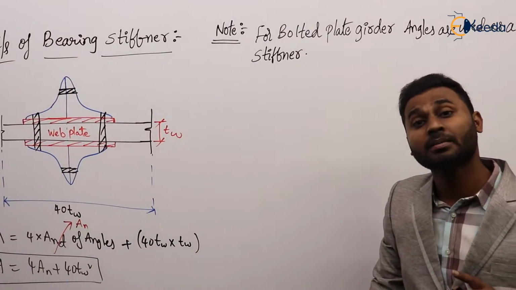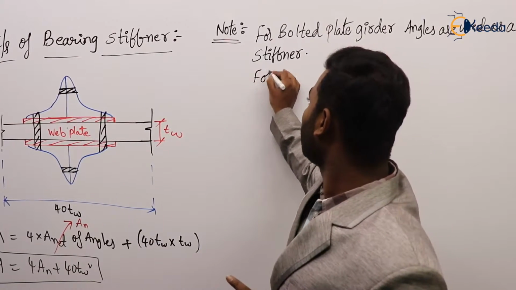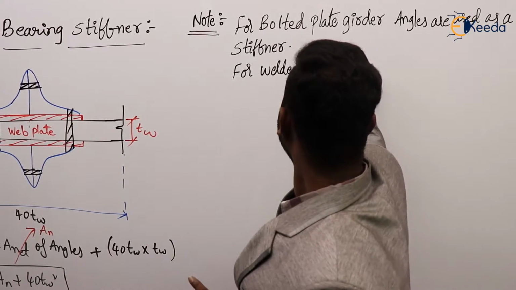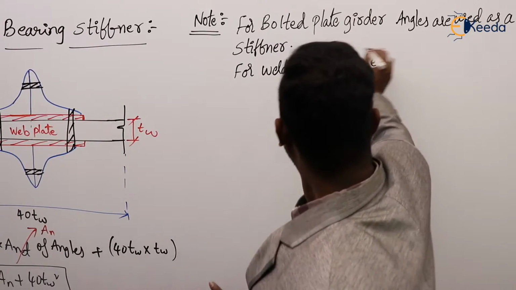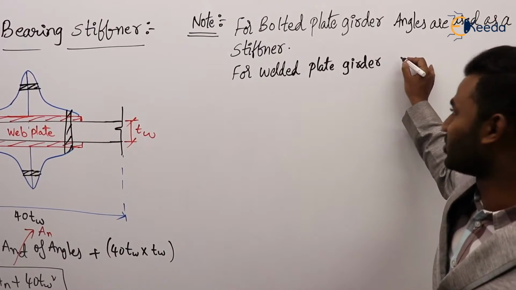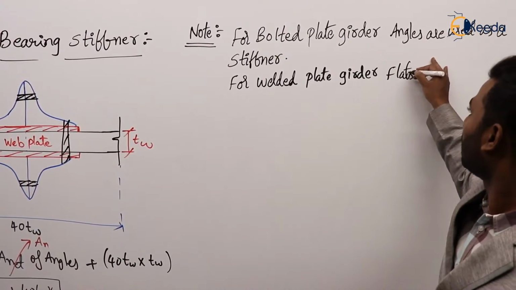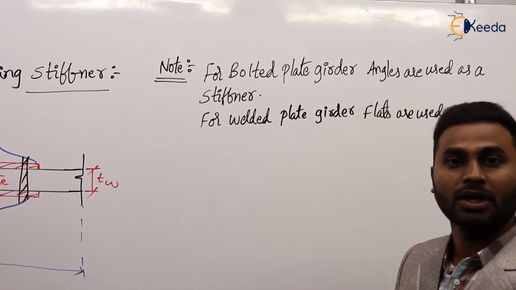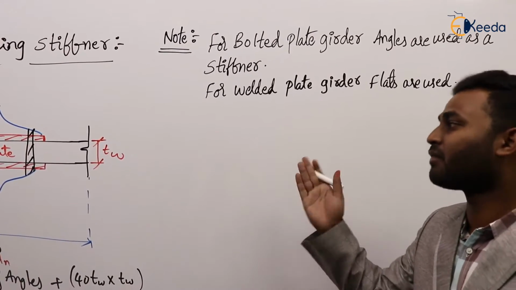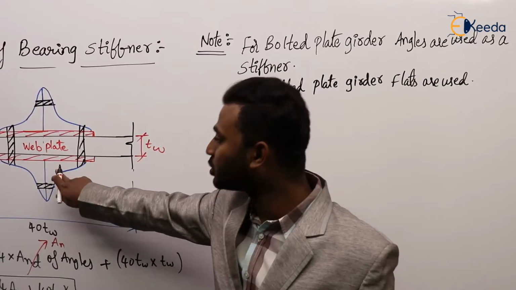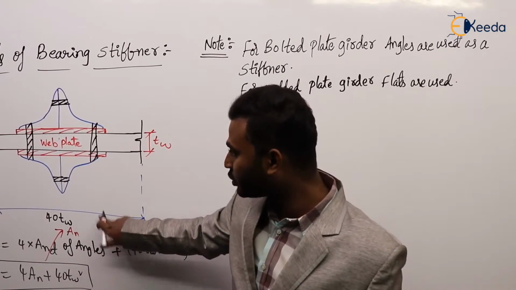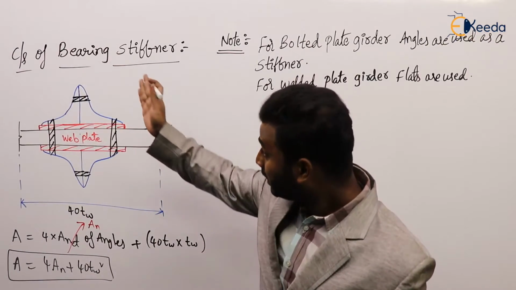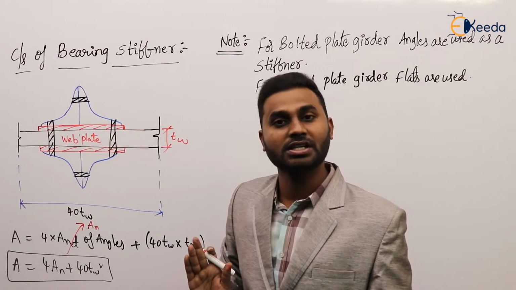Then for welded plate girder, flats are used. That is the point here. For bolted plate girder, angles; for welded, flats. That is the reason this is bolted, so I have shown the angle, and this is the cross section area. This is the width to be considered in a web plate. Agree, this is the cross section. Now let us see the cross section of a vertical stiffener, or transverse stiffener.